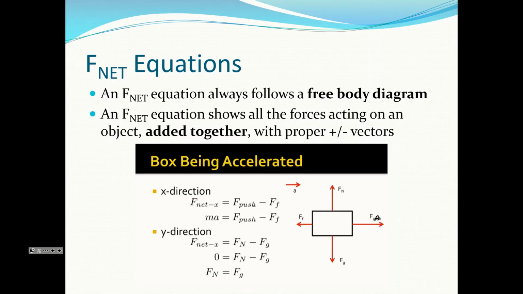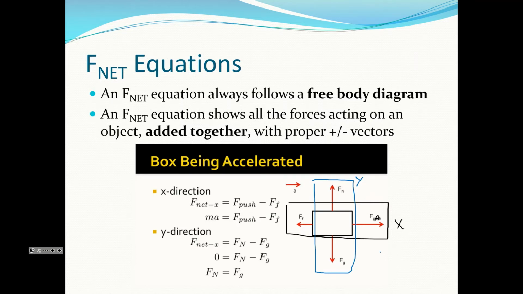When writing an FNET equation, the mistake that people make when they start off is they sort of combine them all. We have these forces, which are in the x component, and then we have these forces, which are in the y component. It's important that we keep these separate when doing them.